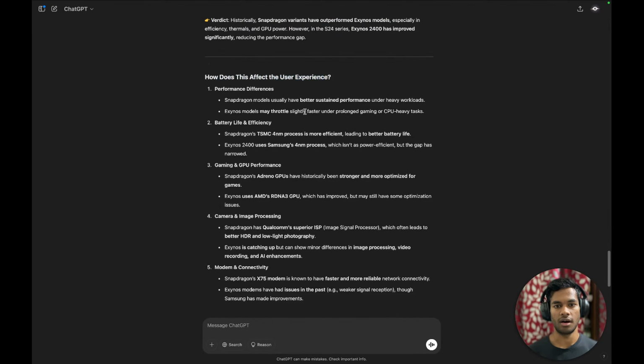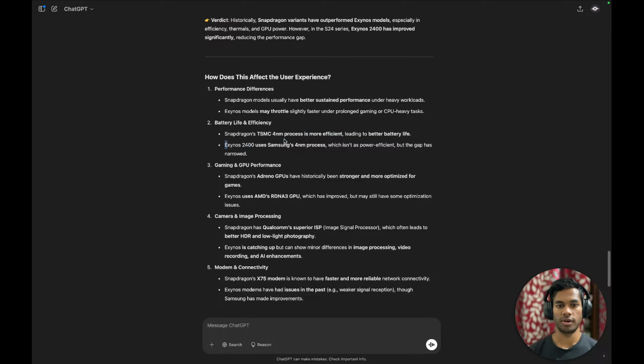Does this affect the user experience? Performance difference: Snapdragon models usually have better sustained performance under heavy workloads. Exynos models may throttle slightly faster under prolonged gaming or CPU tasks. Battery life and efficiency: Snapdragon's TSMC 4 nanometer process is more efficient, leading to better battery life.